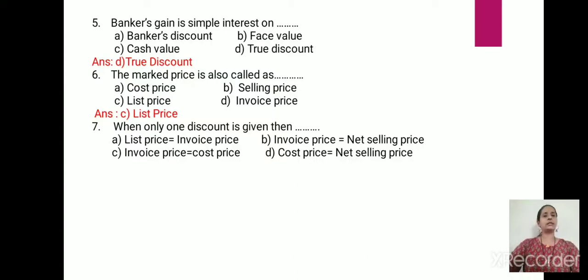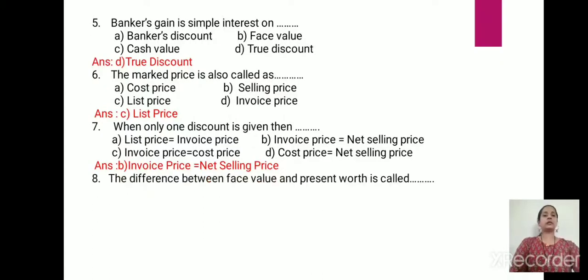Assume it is trade discount. If you calculate trade discount and subtract it, you get invoice price. Again see the formulas. The clearer the formulas, the clearer all your concepts will become. So the option is B. The invoice price becomes the net selling price. So the invoice price is equal to net selling price is your answer.